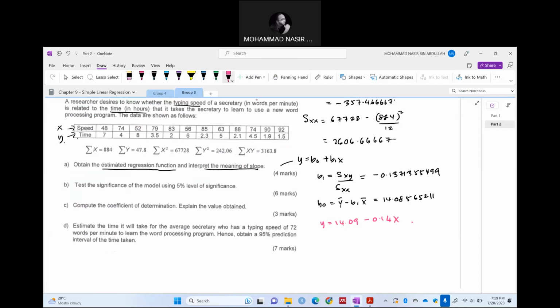So explain the meaning of slope. Beta 1 is equal to negative 0.14. It means that if x increases by 1, the time will decrease by 0.14.